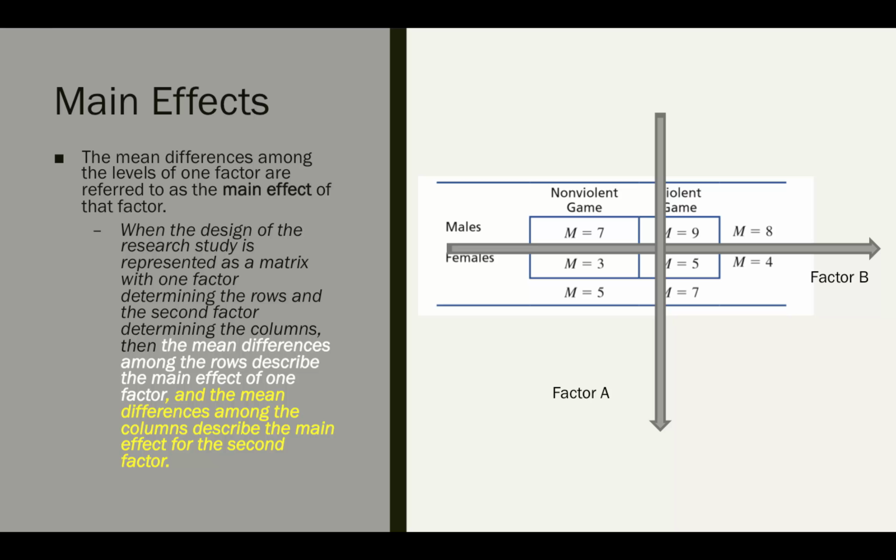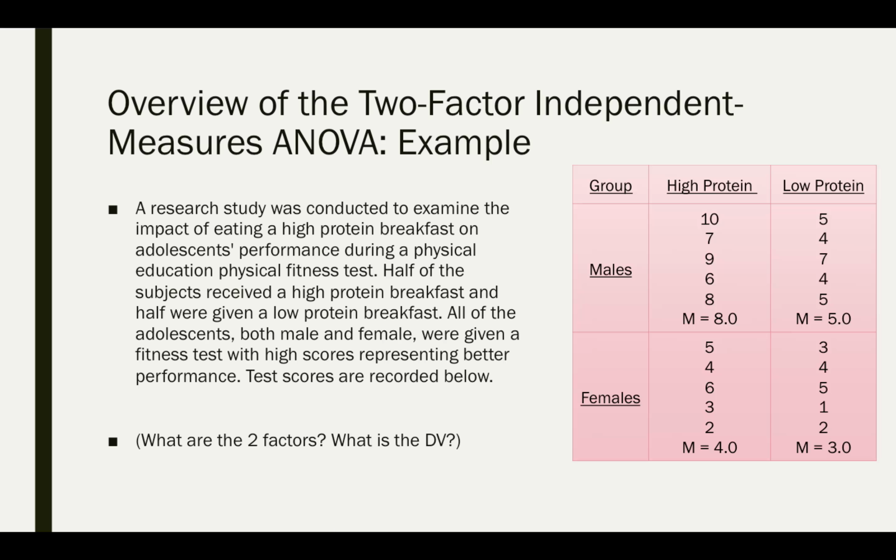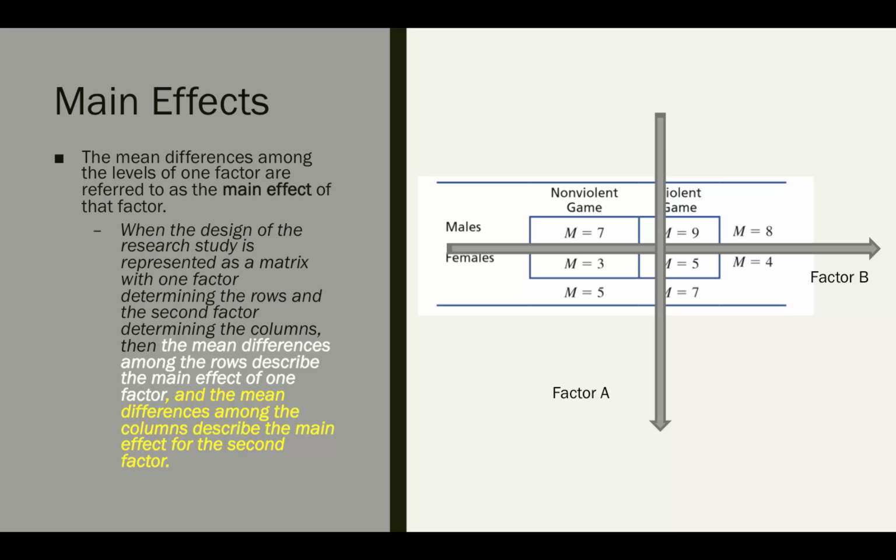Factor B is violent games versus non-violent games. So that is the sort of overall use of main effects and of the aggression study, looking at males and females.